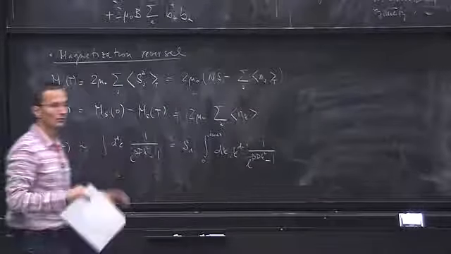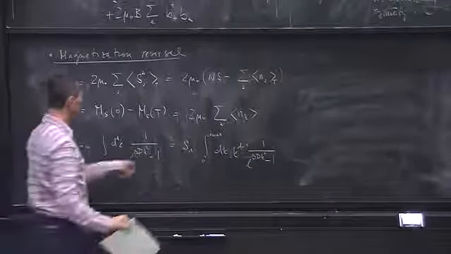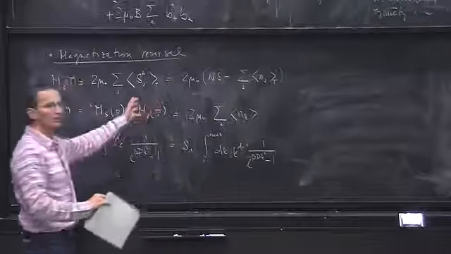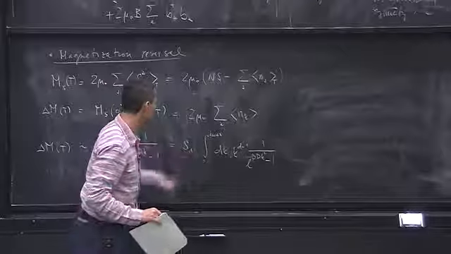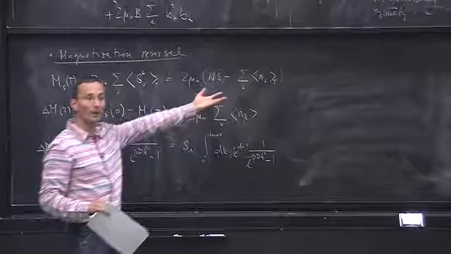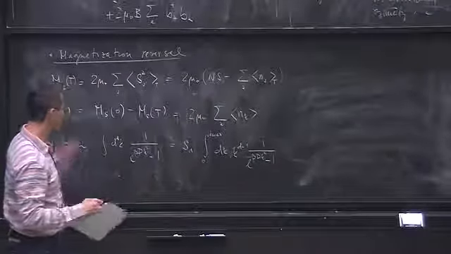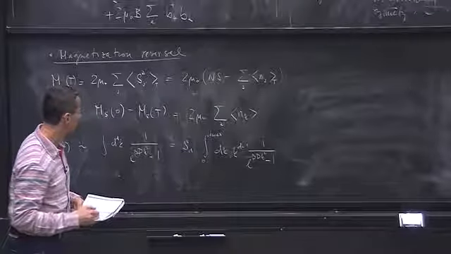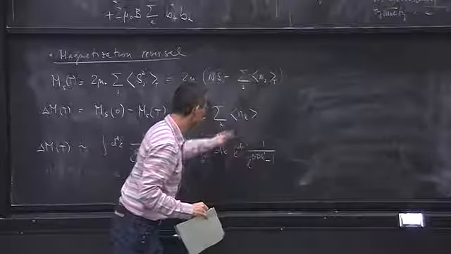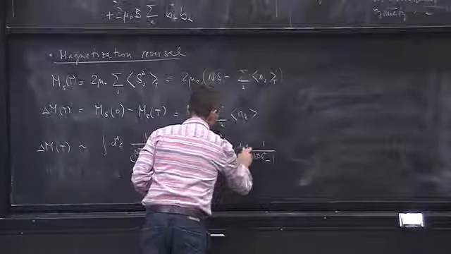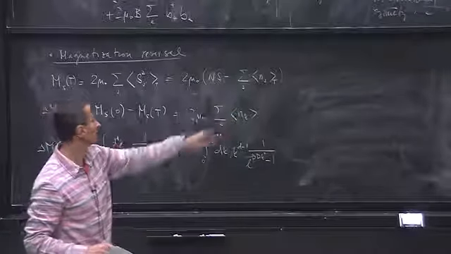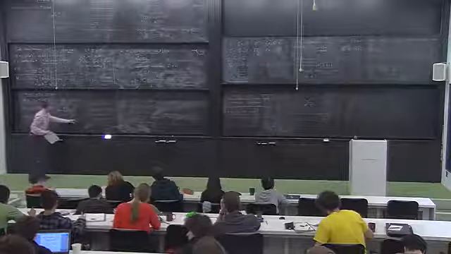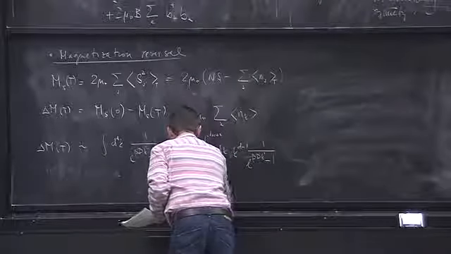This S_d is just the surface of a unit d-dimensional sphere. Again, it's just some constant that I'm not really interested in, but it's non-zero. For instance, this would be 4 pi in 3 dimensions, 2 pi in 2 dimensions, and so on. But the point is I can now evaluate this integral, and I do that by exactly the same substitution, x equals beta D k^2.